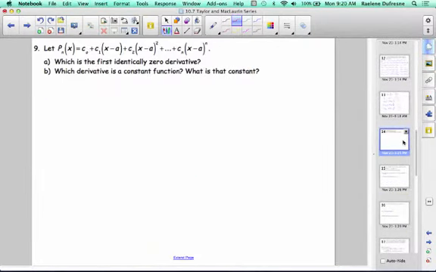Moving on to number 9, we have a Pn polynomial, or a Tn polynomial, we may be calling it later on. We want to know, centered at x equal to a, which is the first identically zero derivative. If we have an nth degree polynomial, then the first derivative to be 0 is the n plus first derivative.